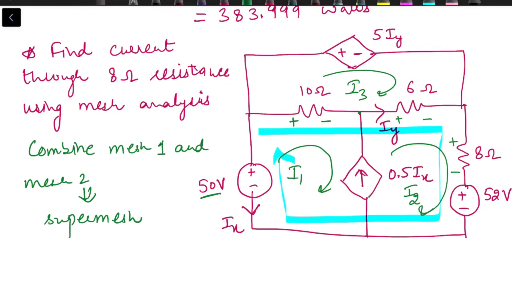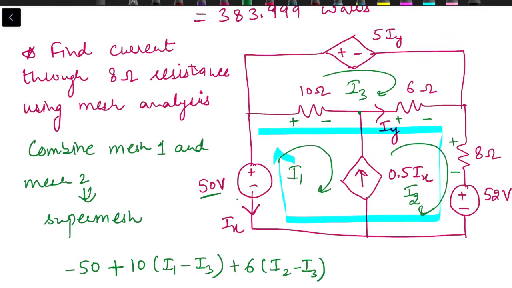So in case of a super mesh, we will have one KVL equation, and the second will be the constraint equation. So for the KVL equation, I will start with this 50-volt source: minus 50 plus the drop across this 10 ohm resistance, plus 10 into (I1 minus I3), then the drop across the 6 ohm resistance, plus 6 into (I2 minus I3), plus the drop across the 8 ohm resistance, plus 8 I2, plus 52 equal to 0.